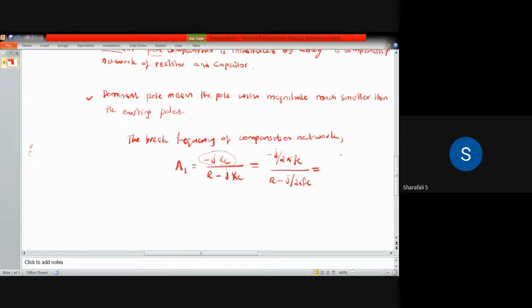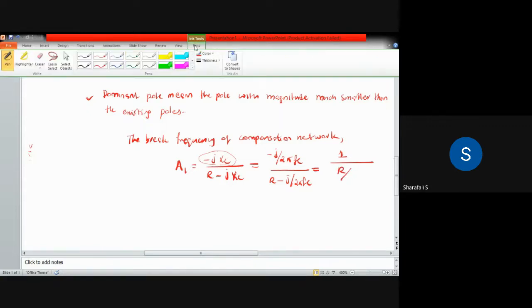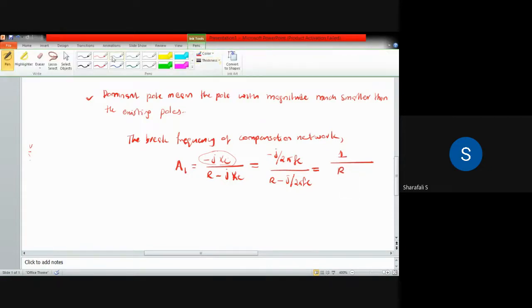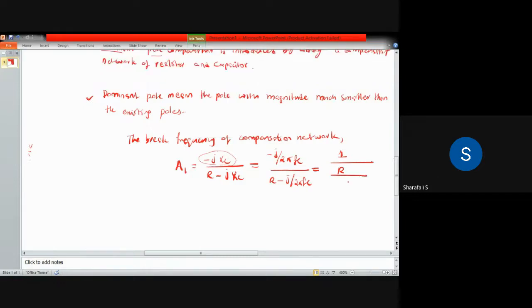So this can be written as 1 divided by (R divided by minus j by 2 pi f c, plus 1).